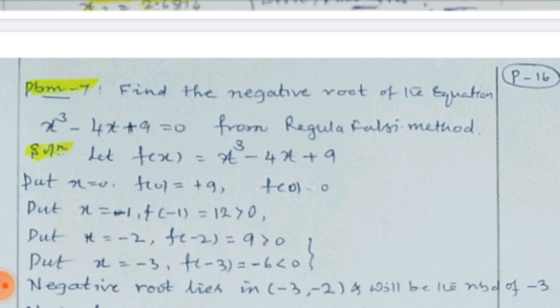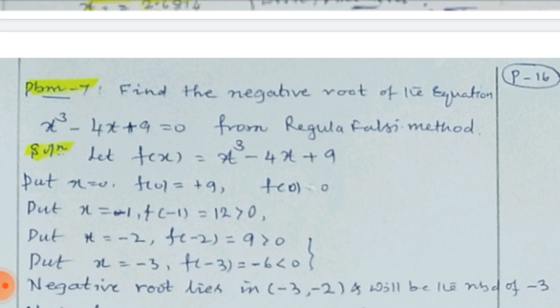Let f of x is equal to x cube minus 4x plus 9. Put x is equal to 0, f of 0 is 9. Next, we need to find the negative roots. Put x is equal to minus 1, minus 2, minus 3, minus 4 and so on, until for two successive values of x this function f of x has opposite signs.